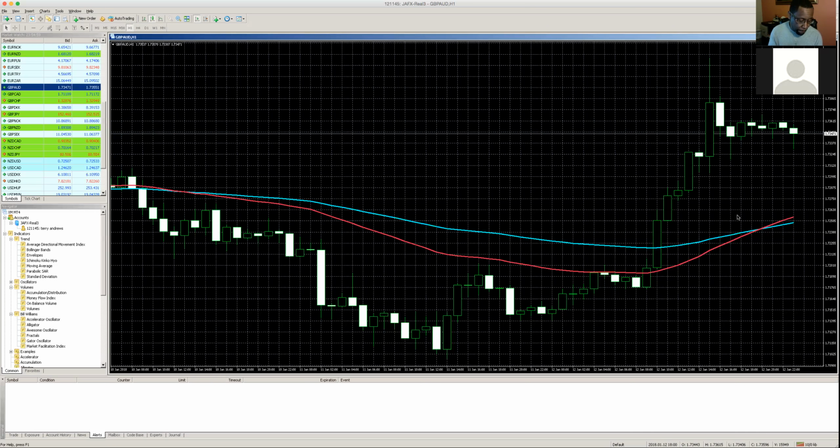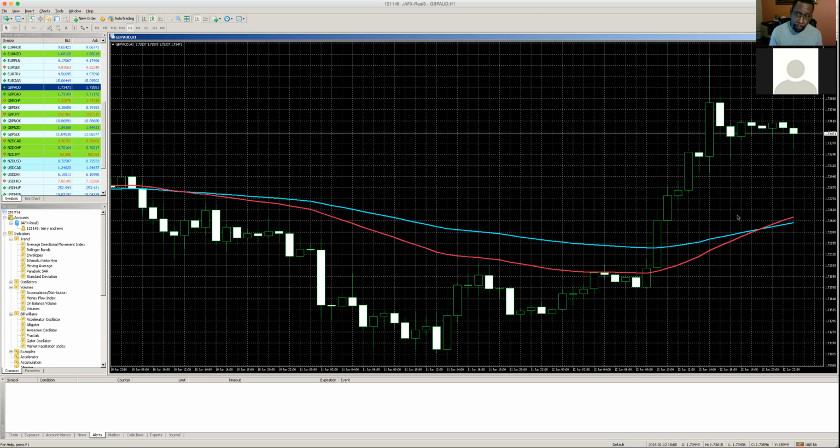So the first one is the GBP AUD, the British pound against the Australian dollar. Number 2 is the euro against the New Zealand dollar. Number 3, the British pound against the Japanese yen. Number 4, the euro and the Australian dollar.